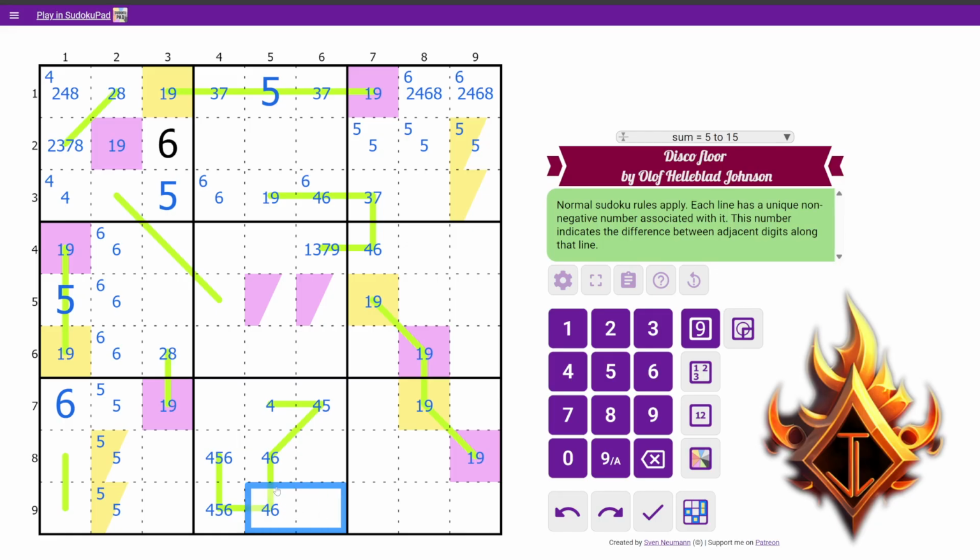Or, well, I guess what I was looking at is if pink goes in one of these two, then it would have to go here. I guess that would be okay to be yellow as well, though. Yeah, I think it would be okay.